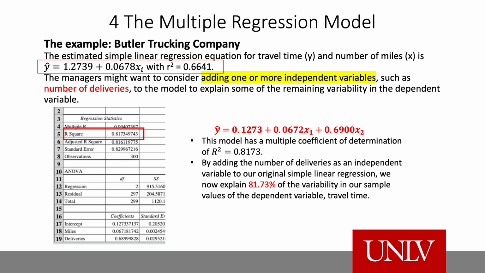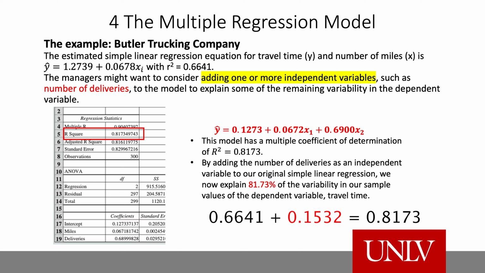Because the simple linear regression with miles traveled as the sole independent variable explained 66.41% of the variability in our sample values of the travel time, we can see that adding number of deliveries as another independent variable to our regression model resulted in explaining another 15.32% of the variability in our sample values of travel time. And this addition of the number of deliveries to the model appears to have been worthwhile.